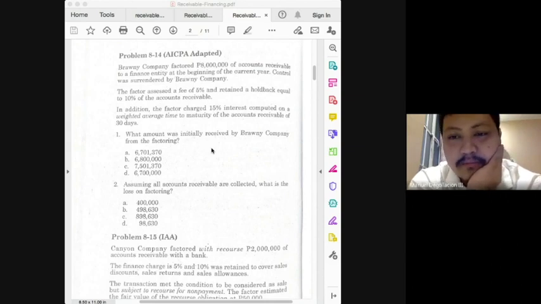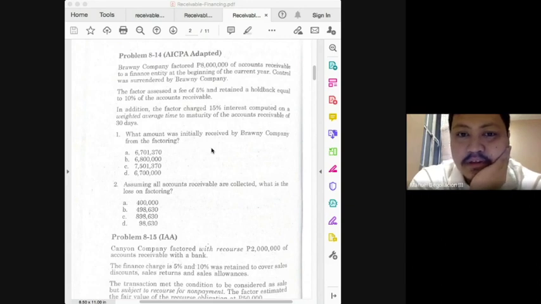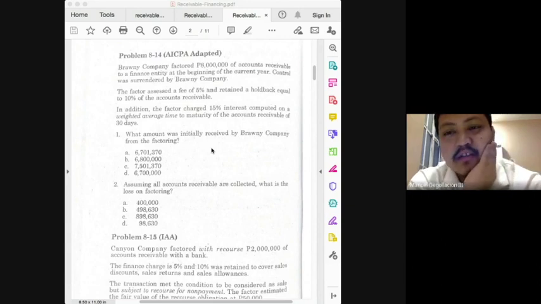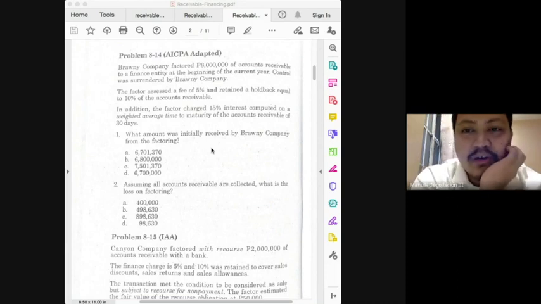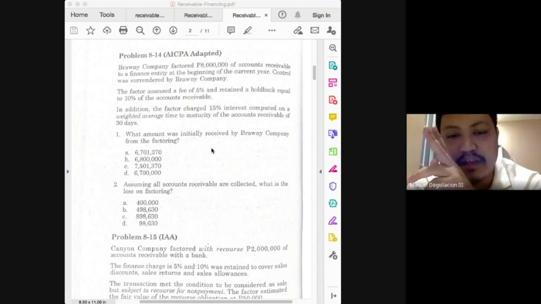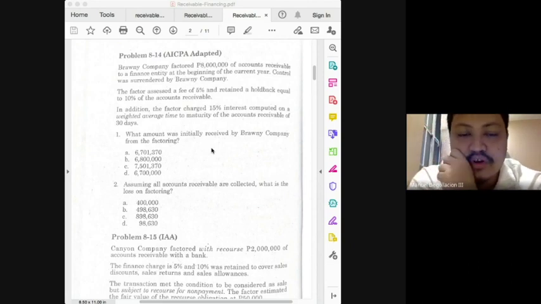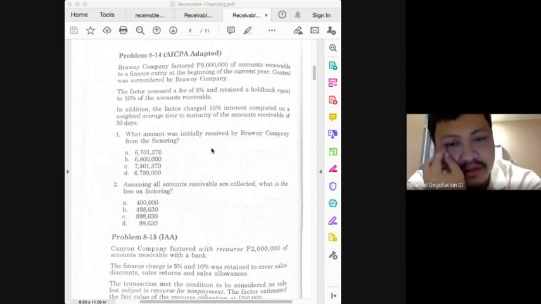Okay, it will only become part of your loss if there are portions that are not collected. But if all our receivables are collected, then the holdback will not be considered as part of our loss. Okay, but as to the question of how much we are receiving, definitely the holdback will reduce the amount that we'll be getting.